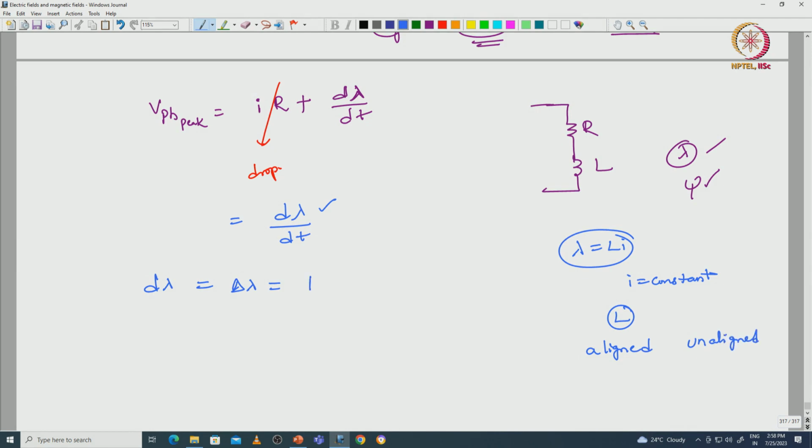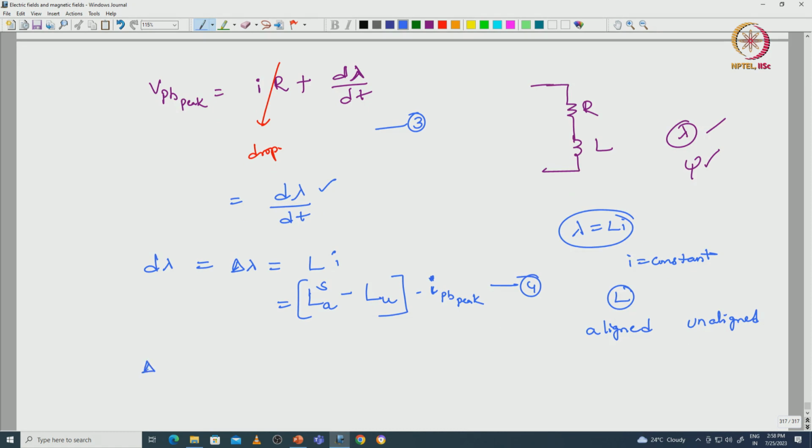That is nothing but delta L into I. So, with respect to the aligned position, maximum inductance with respect to the saturation, minus unaligned position, that is minimum inductance, into current. This is the change in flux linkages equation. This is equation number 3 and equation number 4.